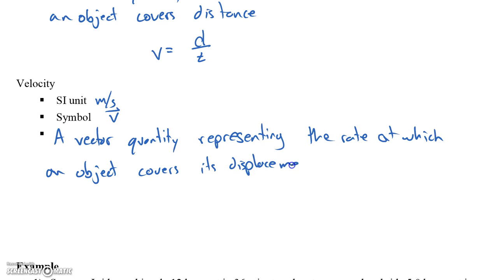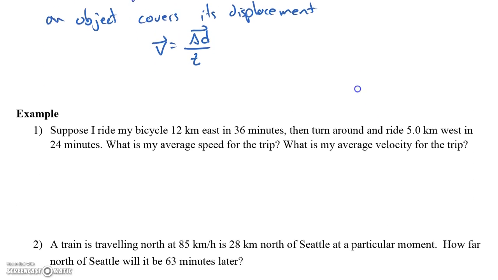So that's the key, displacement versus distance for velocity versus speed. So let's write out our equation. Velocity equals delta d with our vector arrow over time. So that's the key. They're very, very similar, but they will end up being different values.